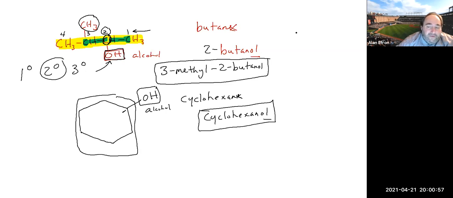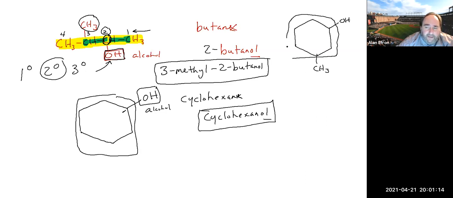Now, that's important because if you had the exact same thing, and that was OH, and you had a CH3 attached there, what would this be called? Well, it would do the same thing. Big thing here is our cyclohexane with the OH becomes cyclohexanol.